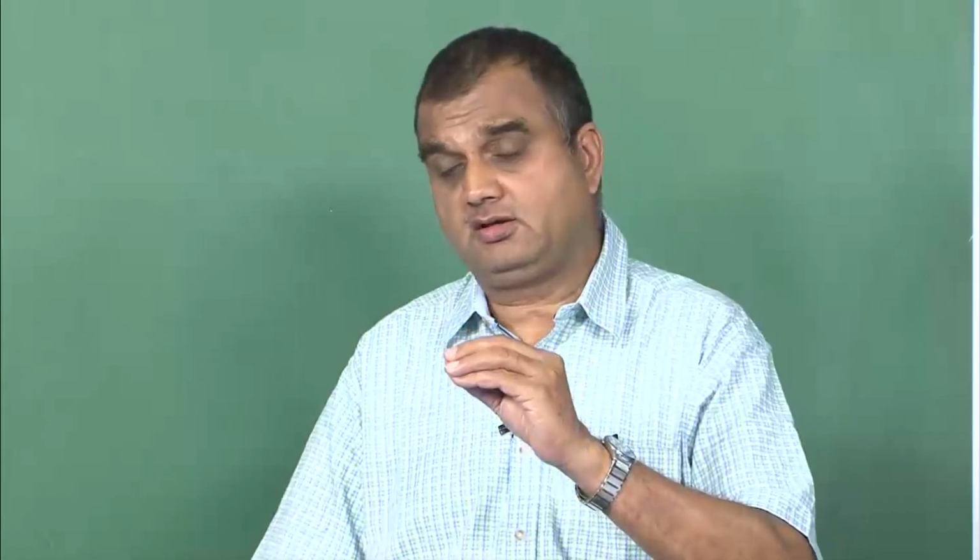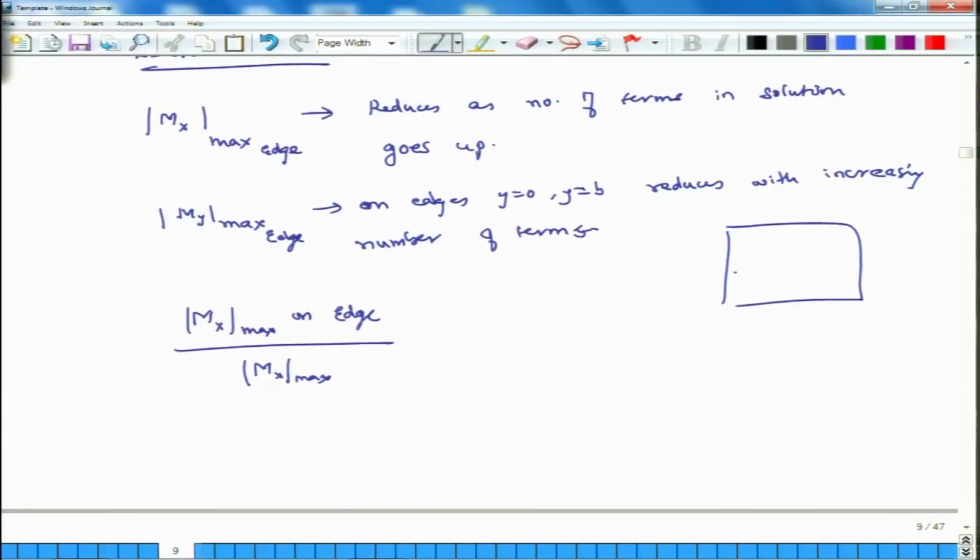On edge it will be small but non-zero, but in the plate, if you compute somewhere here, the bending moment will be maximum. So that is what I call mx max, and the maximum on the edge I call mx max edge. Okay.